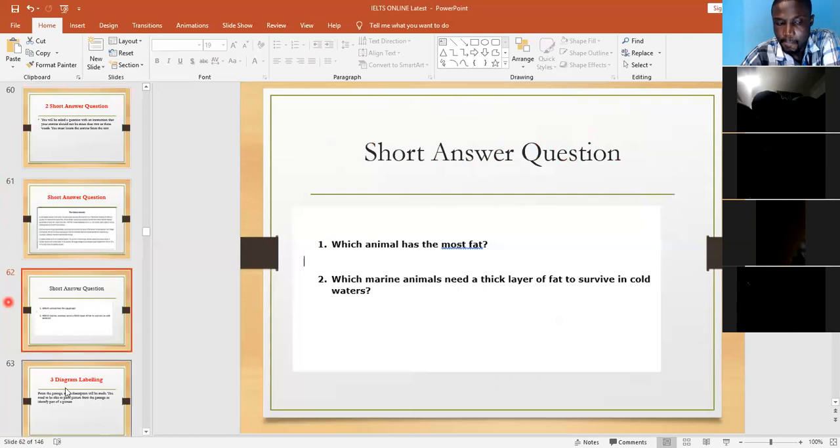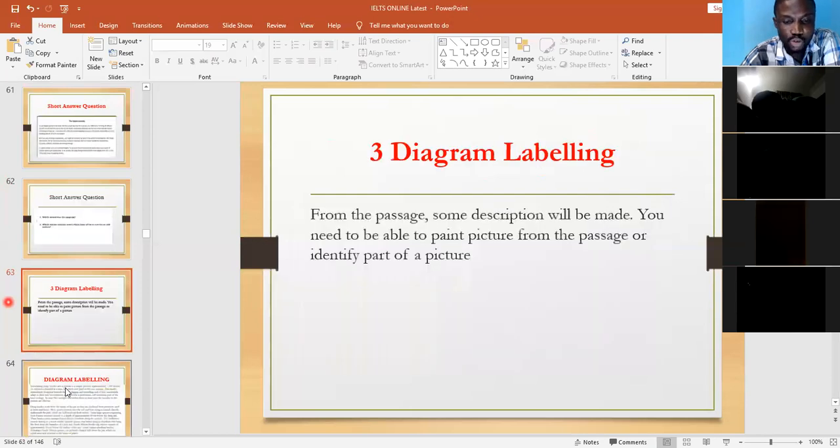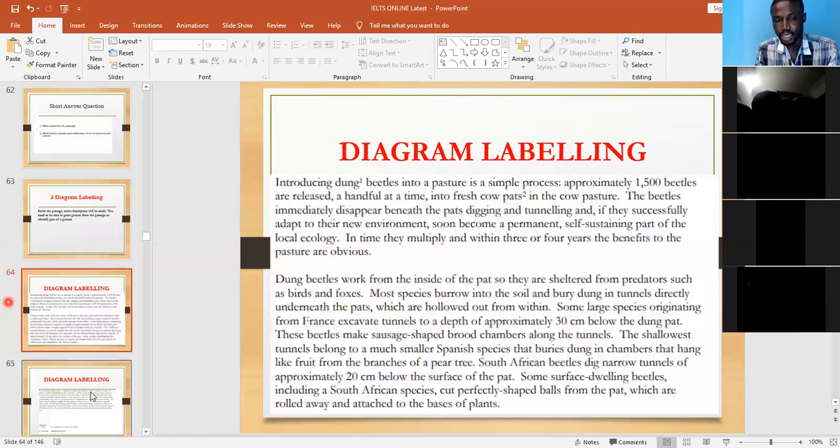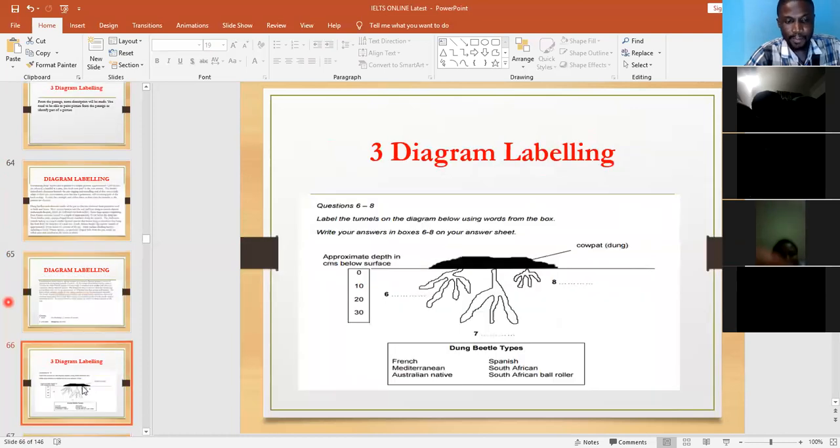Okay, now let us go into the diagram question. A diagram question will be a passage describing a diagram. This is the description you are given about a particular diagram. The diagram exists in the question, and it says 6 is pointing to this, 7, 8 is pointing to this.